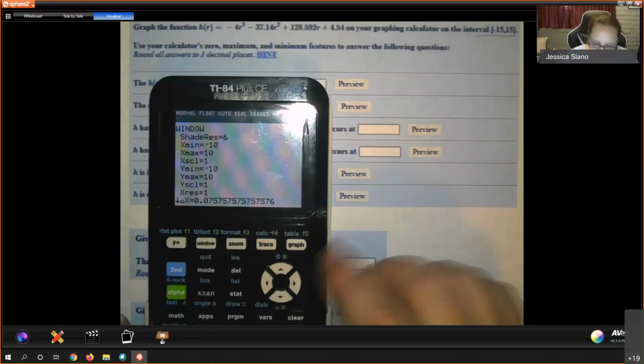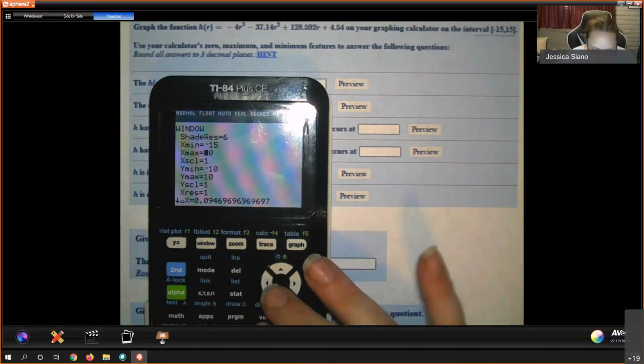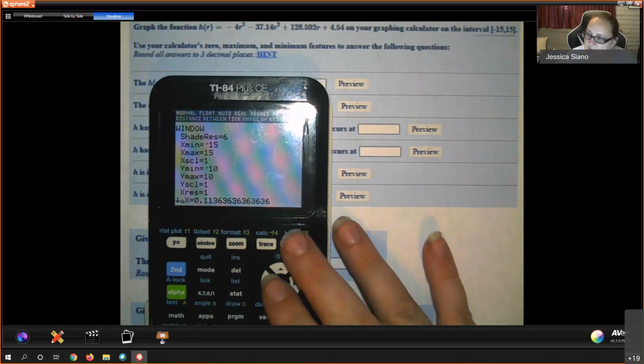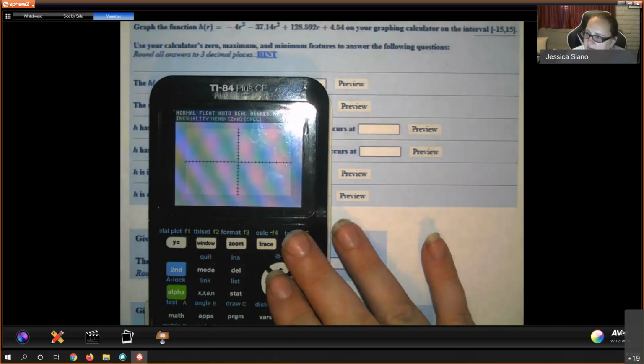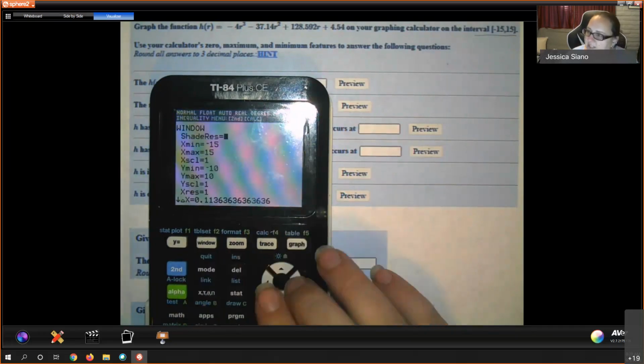and then make your x min -15 and your x max +15. And we might have to play around with the y scale a little, but let's check it out. Okay, so let's see if we can make this look a little less ugly.